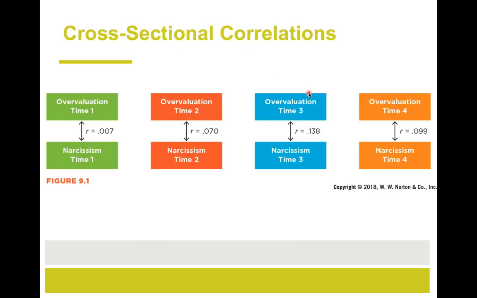So a cross-sectional correlation is just a normal correlation where we say we're going to measure variable A, we're going to measure variable B, and we see how they correlate. So you can imagine doing this at multiple time points with the same variables. Let's talk a little bit about what this example is here. In our top row, we have variable, we'll say A, which is overvaluation.